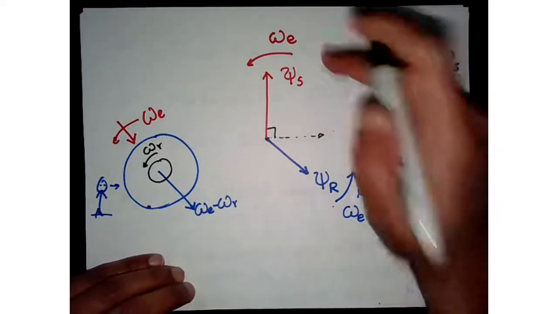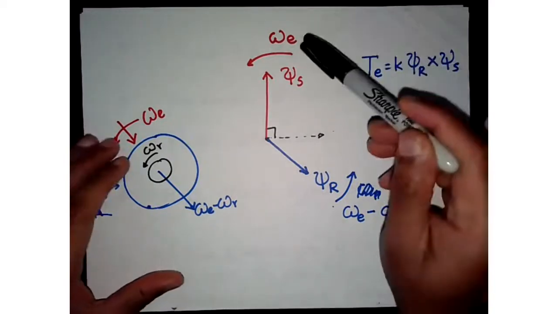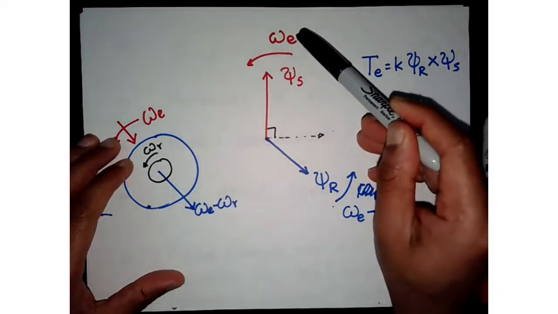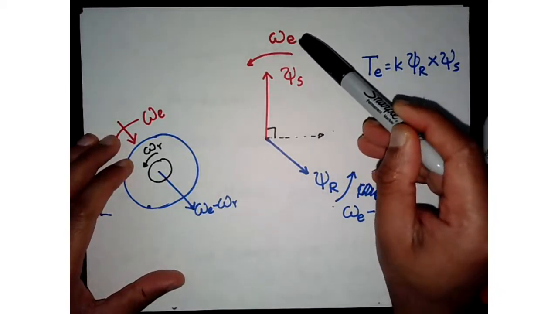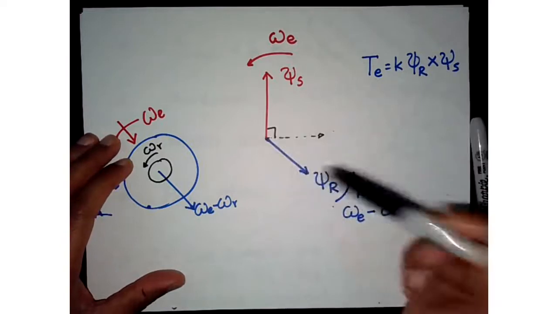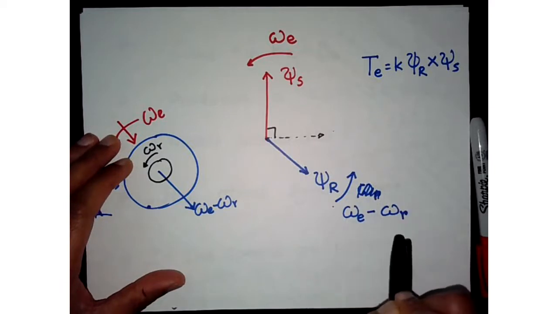that we've been talking about with regards to synchronous machines, which can be applied here. The key points I want to highlight: the rotor flux is rotating at the speed difference between the rotor and the stator flux, which is omega e minus omega r.